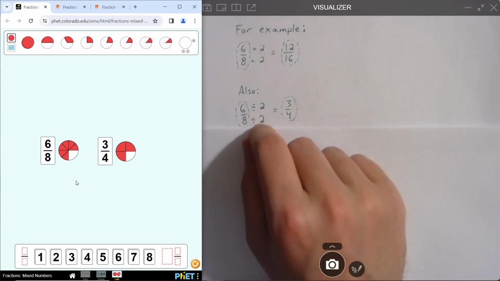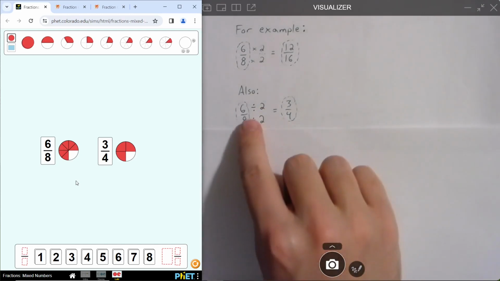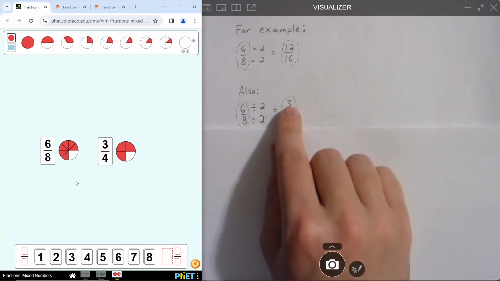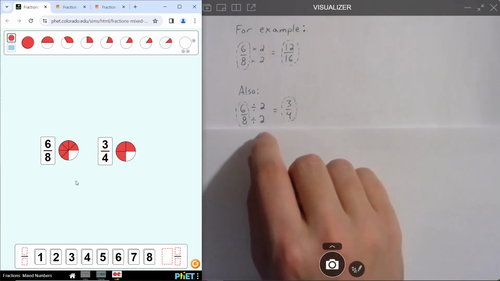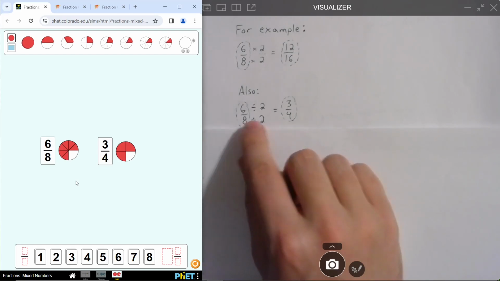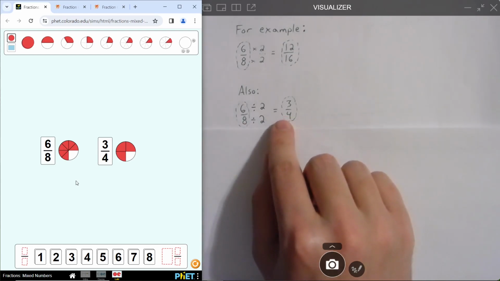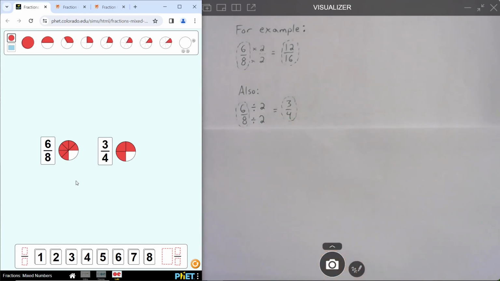Dividing by 2 over 2 is the same as dividing by 1 whole, so it works out. 6 divided by 2 is 3, and 8 divided by 2 is 4. So that proves that the fraction of 6/8 is equal or equivalent to the fraction of 3/4 in terms of its amount. And that's what you see over here.